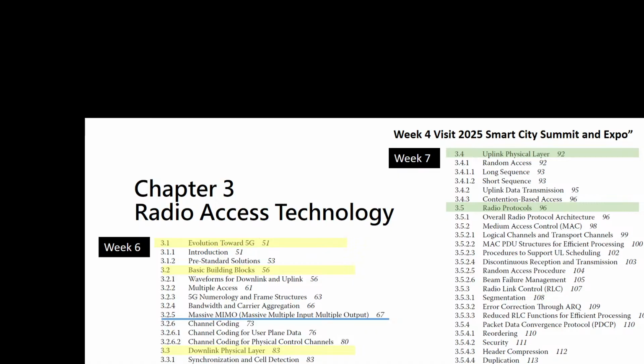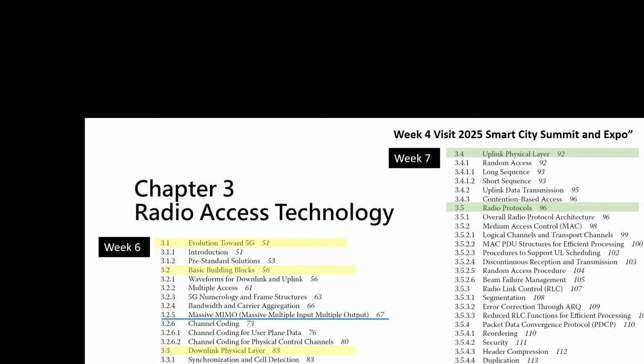But probably every 1 or 2 minutes it will try to contact and send messages, meaning I'm connected to the network. That's it. Okay, so they have some system information broadcast methods. And the downlink data transmission. That's all we are going to go through.